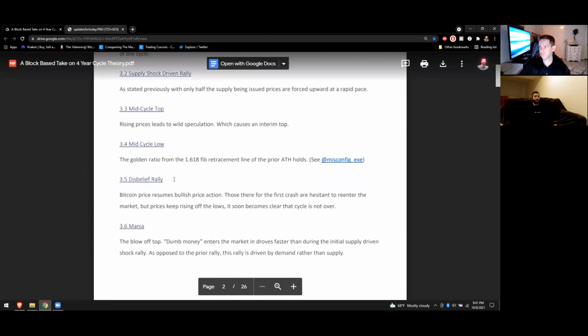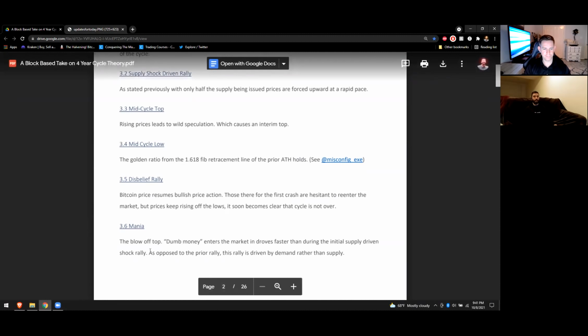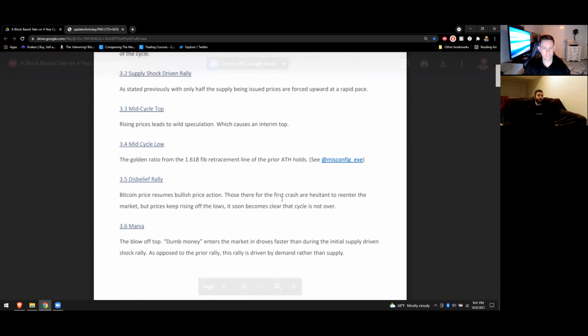Then the disbelief rally that comes from this hold leads to our mania phase, which ends in a blow off top. I've started saying on Twitter that we might see a $100,000 candle if this really starts to get out of control, which I don't think most market participants are ready for. That's a good observation, and no, they're not ready. I am most certainly ready for a $100,000 candle, but I think most people are not.